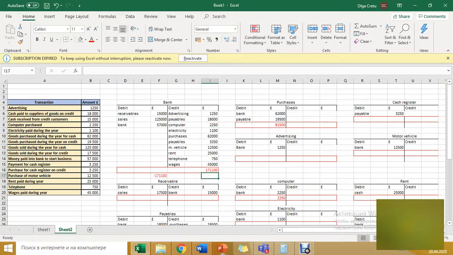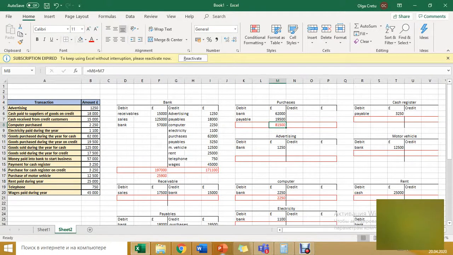And we have 171,100. Then we have to add this left side. Okay, so you can see that on the left side we have 197,000. On the right side we have the credit accounts in cash, 171,100. So the difference between them, 197,000 minus 171,100, is 25,900.